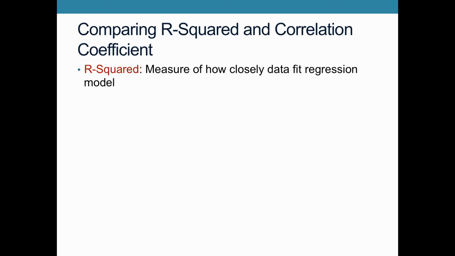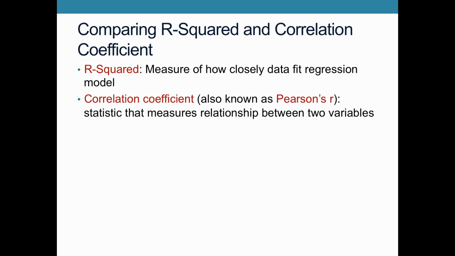So let's think about this a little bit more. The R squared, again, is a measure of how closely our data fit the model, versus the correlation coefficient, or Pearson's R, which is a statistic that measures a relationship between two variables. So R squared is how closely the data fit the regression model, or for bivariate regression, the regression line, and correlation coefficient is just about how much they are related to each other.